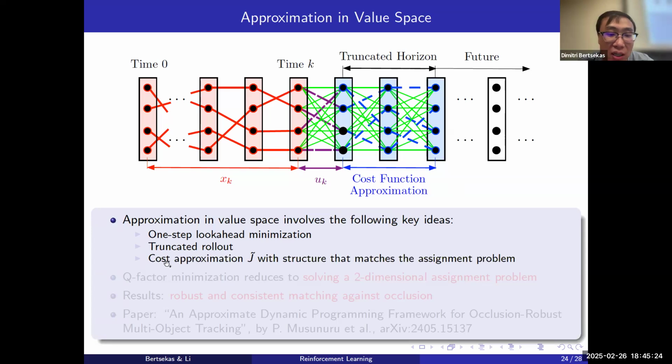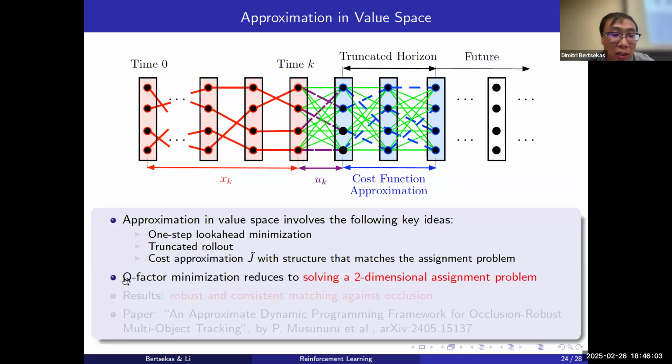What we consider as cost function approximation relies on the matches produced by the base heuristic. Suppose that we want to select UK, our base heuristic runs truncated rollout for the future 2 frames, and our cost function for this control highlighted here relies on the future matchings together with this xk.